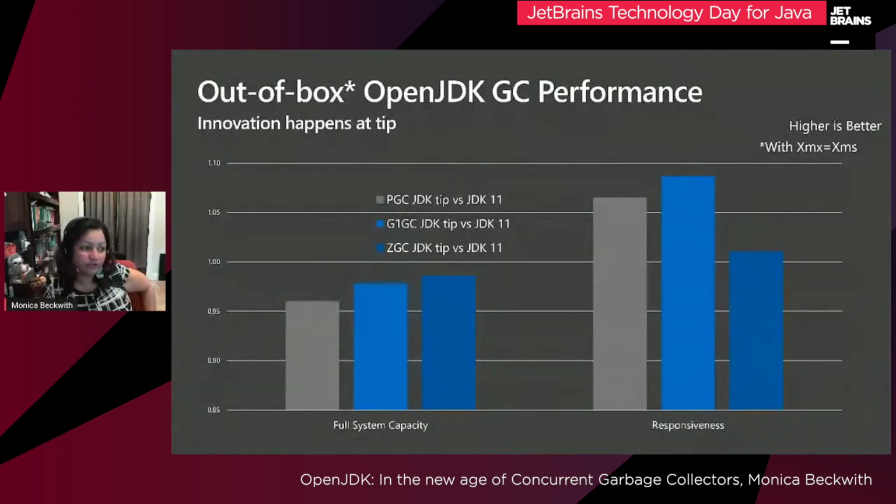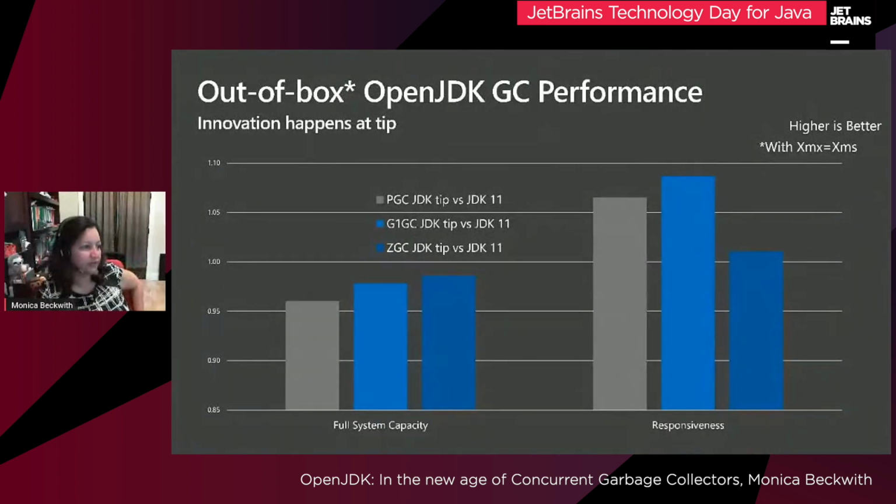Here what I'm showing is Parallel GC, G1GC, and ZGC, comparing tip and 11. JDK 11 is the LTS, the long-term supported release. I was comparing tip to that, and you can already see that innovation is happening.